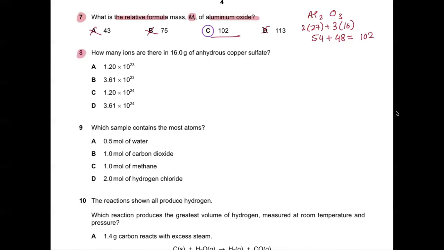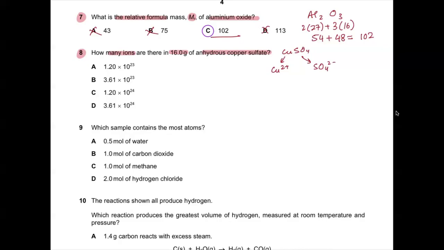Now, MCQ number 8. How many ions are there in 16 grams of anhydrous copper sulfate? So if you go for the formula of copper sulfate, it's CuSO4. It is going to produce a copper ion and a sulfate ion, right?